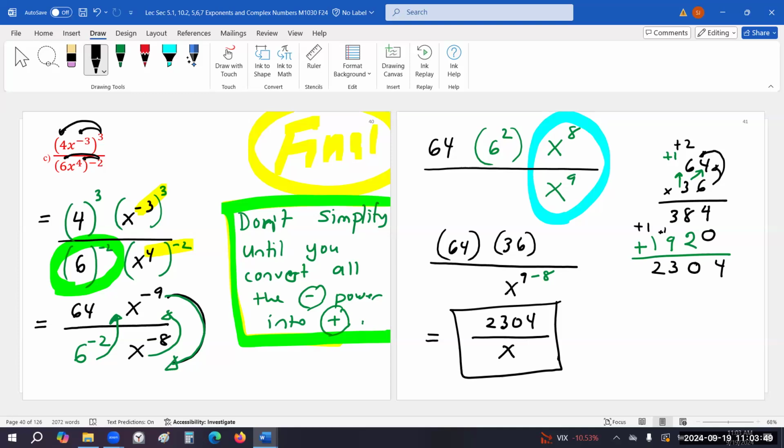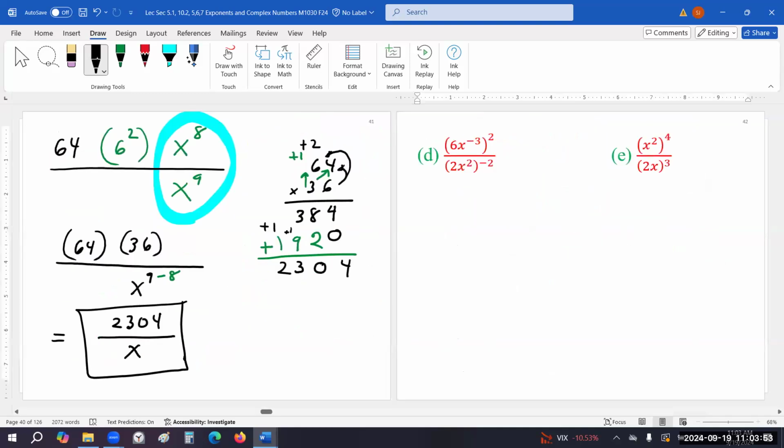Was any step unclear? Okay. We have to try them. Usually they give one of these in the final. So you may see them again in the final.